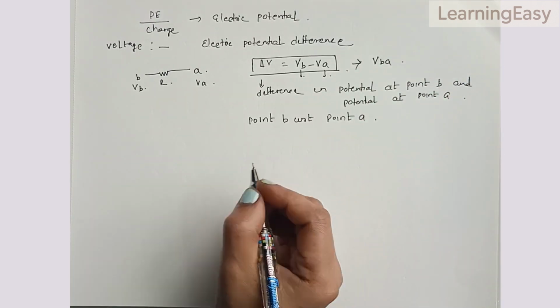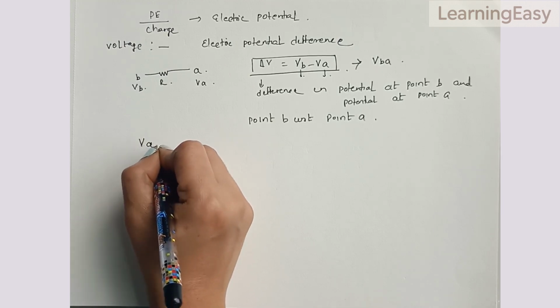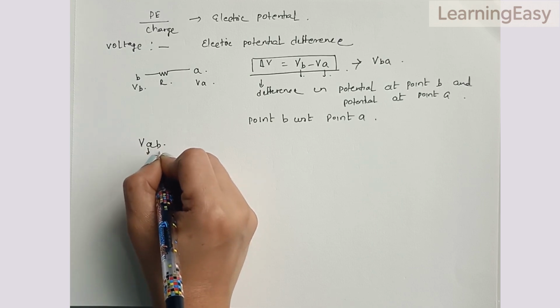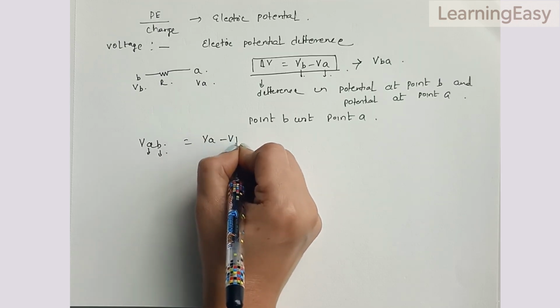Similarly, we have the formula for V of AB. It is the potential of point A with respect to point B, which is equal to V of A minus V of B.